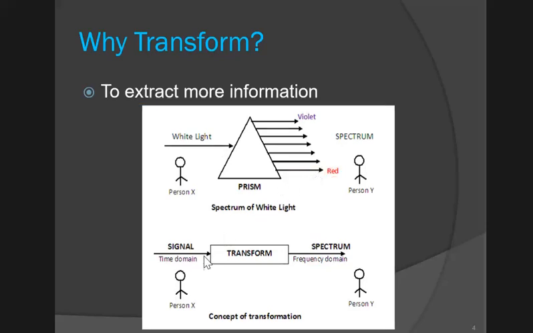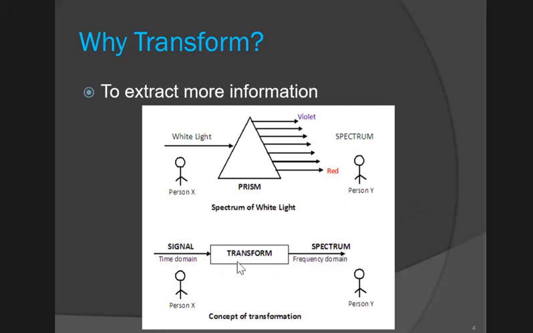Similarly, when we pass a signal in the time domain through a transformation, we get a spectrum. Now in our case, if you consider any image, a constant background will be a low frequency component, and edges and noise will be high frequency components.